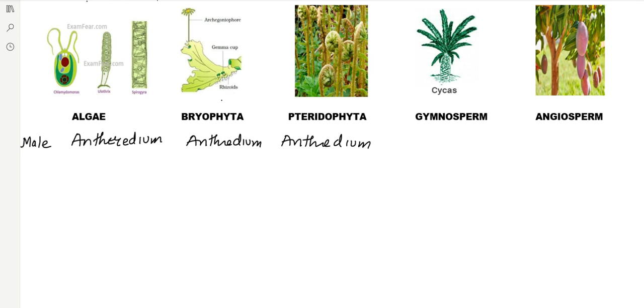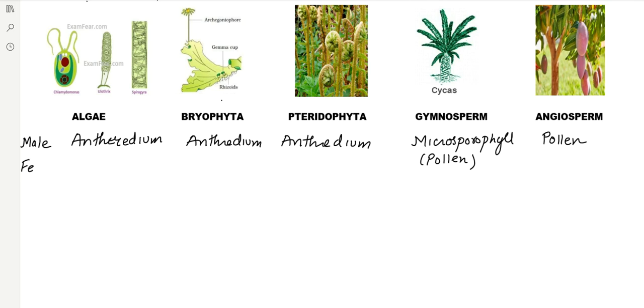Now when we reach the group gymnosperm, this antheridium has evolved and was replaced by structures called microsporophyll, which contain the male gametophyte called pollen. This structure was carried forward in one of the most advanced plants, the angiosperm, where pollen was the male gametophyte.